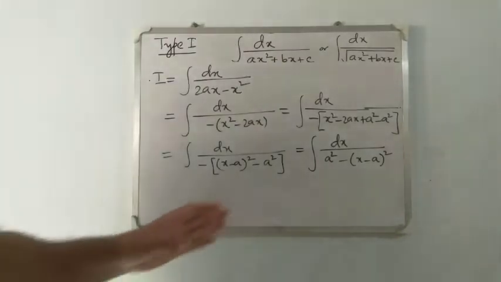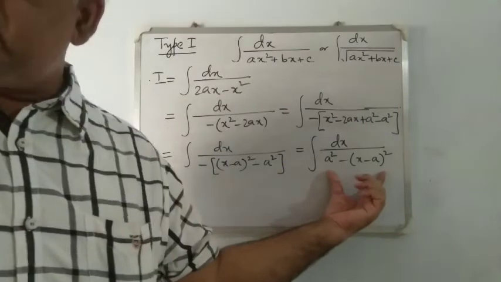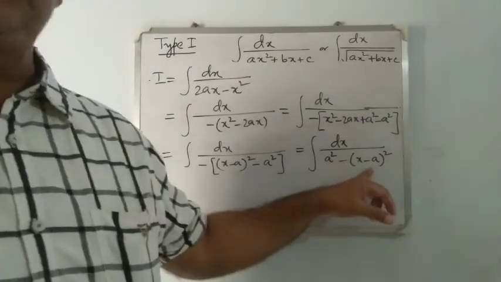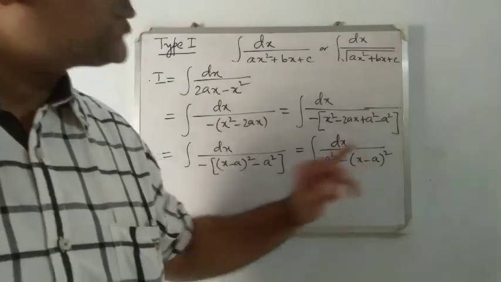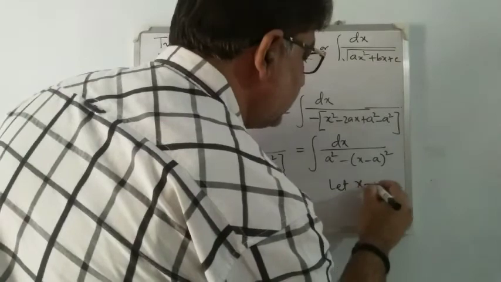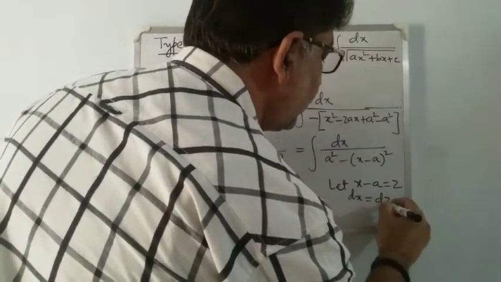Now, whether this exists with radical sign or without radical sign, this one is our simplified result after making it a perfect square. Now, do not apply formula directly. You have to take this one as z. So, let x minus a is equal to z. Now, this gives you dx is equal to dz. Now, what happens?